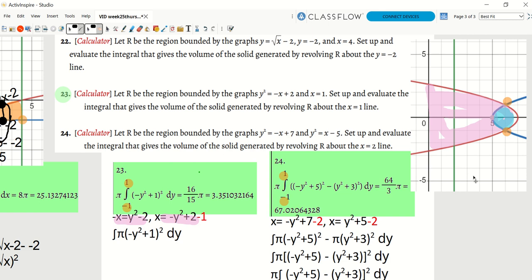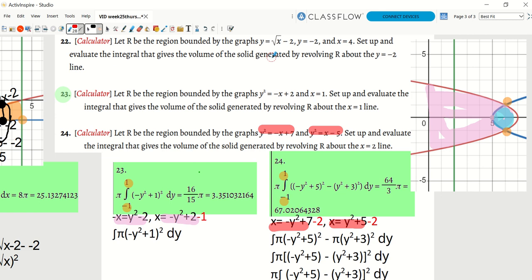Okay, so let's look right here. We're going to get x by itself, again, because we're integrating with respect to y. So when you get x by itself, this and this become this and this without the minus 2. Now, why do we subtract 2?